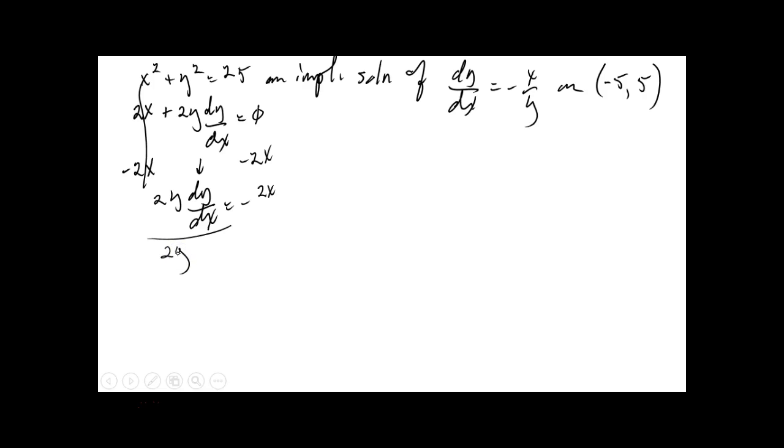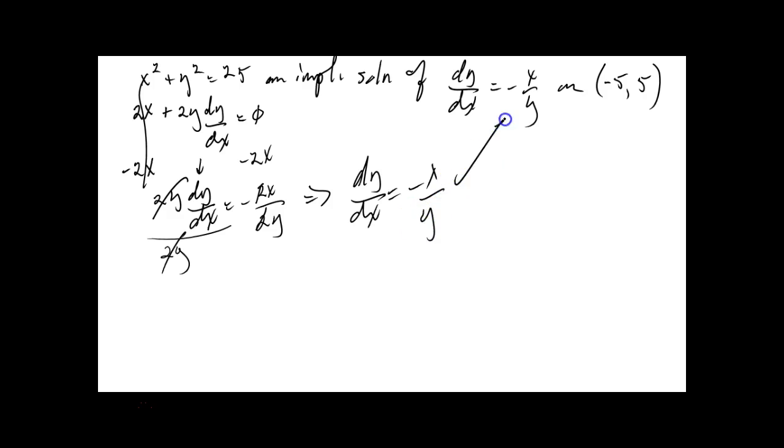Divide by 2y. Okay, the 2y's go out here, the 2's go out here, and what do we have? We have dy/dx is equal to minus x over y. Sure enough, that is true on the interval minus 5 to 5.